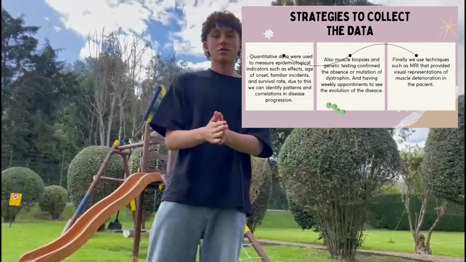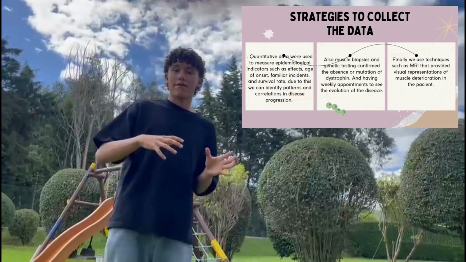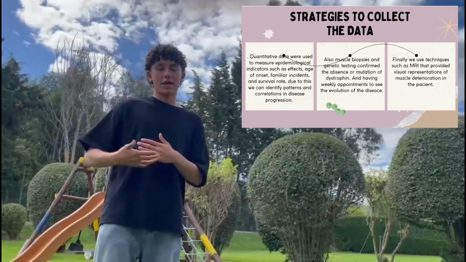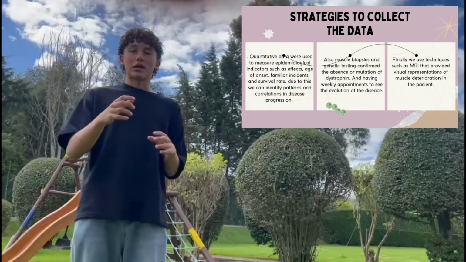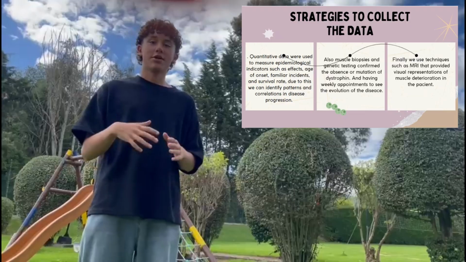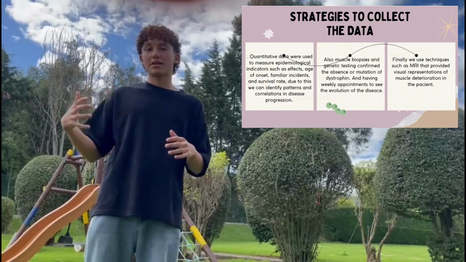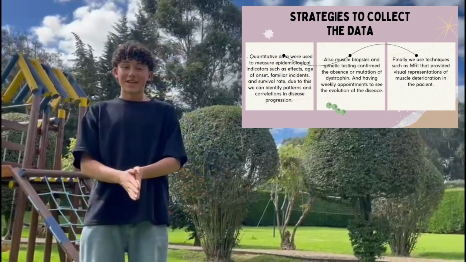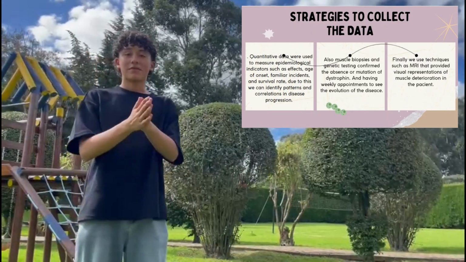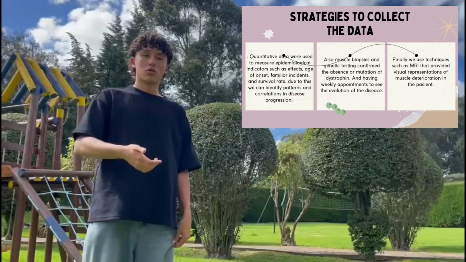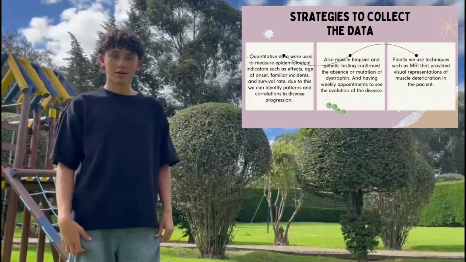This helps to understand that the dystrophy is not evolving into something bigger, and also assisting weekly to the appointments to make sure it is not evolving too much. Finally, we use techniques such as MRI to provide a visual representation of the muscular progression of the patient.